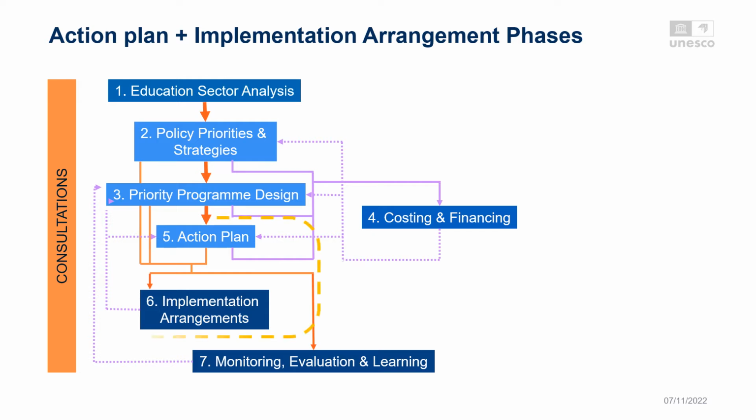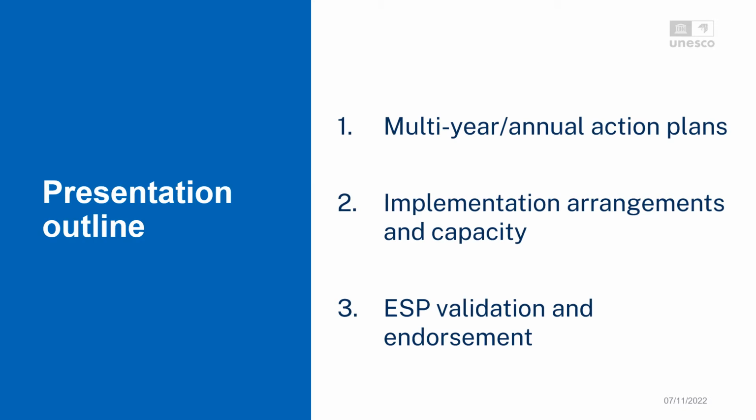In this last PowerPoint presentation, we will be covering some of the final phases of education sector plan development, developing a multi-year action or operational plan, and defining implementation arrangements. We will first dive into developing action plans, with step-by-step instructions of how to develop a multi-year action plan for your priority program.